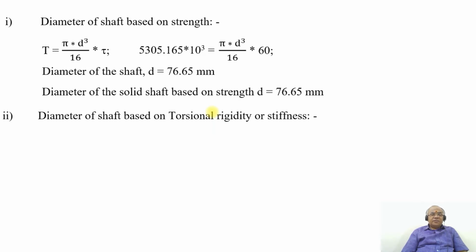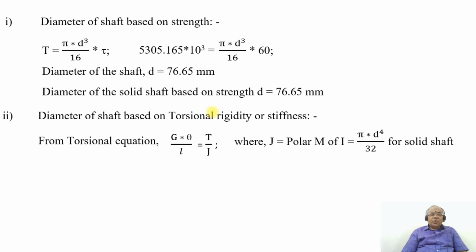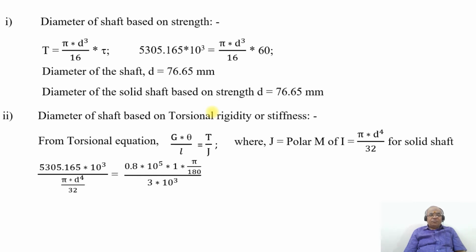Now we are going to consider the diameter of the shaft based on torsional rigidity or stiffness, which comes from the torsional equation G theta by L equal to T by J, where J is the polar moment of inertia, which is pi d to the power of 4 by 32 for a solid shaft. Now substitute the values. We have torque 5305.165 into 10 to the power of 3 divided by J, that is pi d to the power of 4 by 32, which equals G, 0.8 into 10 to the power of 5, into theta, which is 1 into pi by 180, divided by the length of 3 meters, which is 3 into 10 to the power of 3.